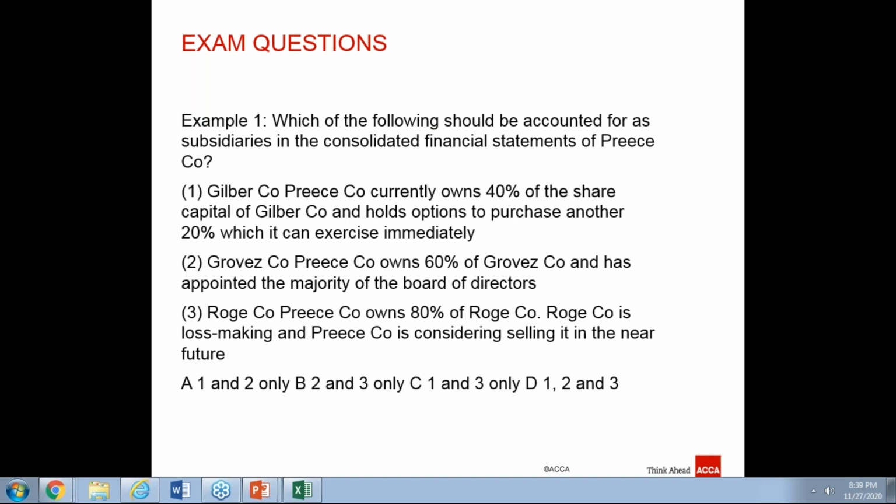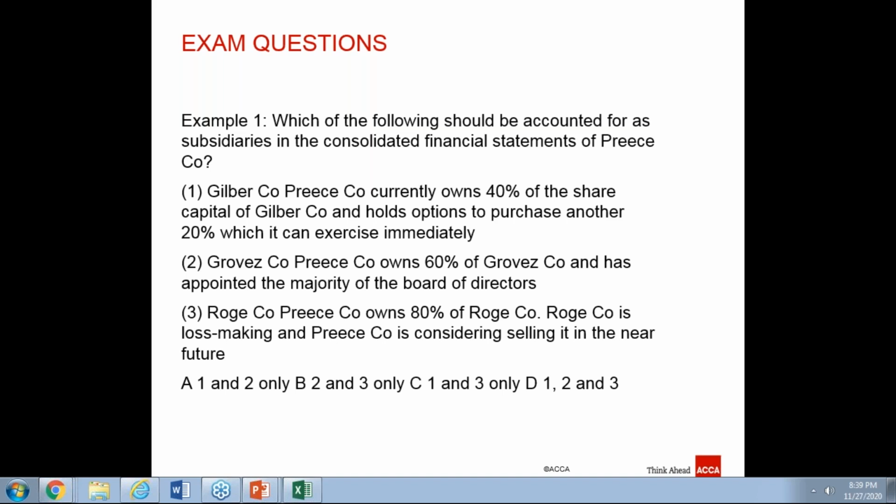Which of the following should be accounted for as a subsidiary in the consolidated statement of financial position of Preece Company? First option is Gilbert Company. Preece currently owns 40% of the share capital of Gilbert Company and holds an option to purchase another 20%, which it can exercise immediately.